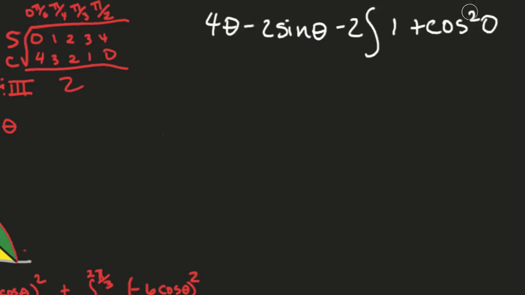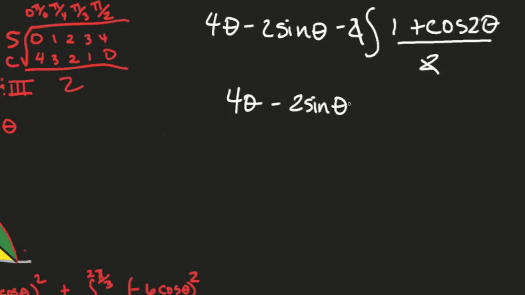Oops, not squared. The 2's will cancel, and then you get 4 theta minus 2 sine theta, and then the integral of 1 is theta, and then what happens here?